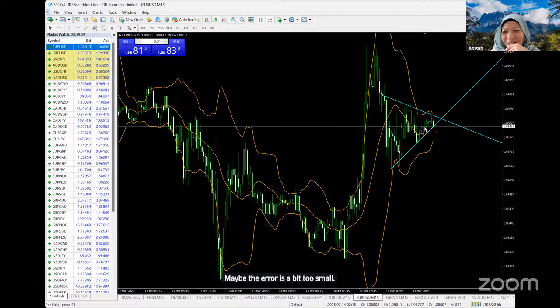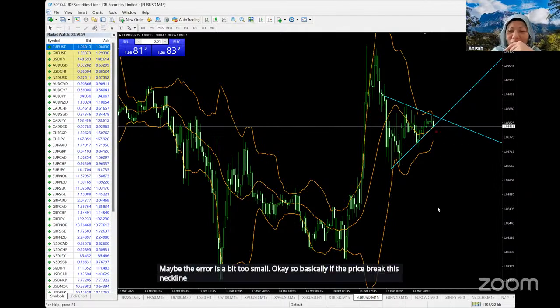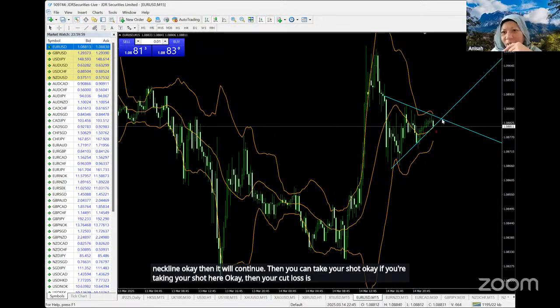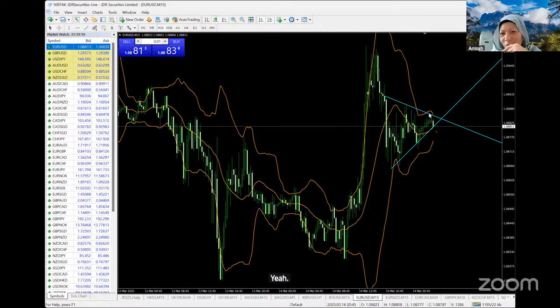Basically, if the price breaks this neckline, then it will continue. Then you can take your shot. If you're taking your shot here, then your cut loss is here, the upper baseline of the triangle.